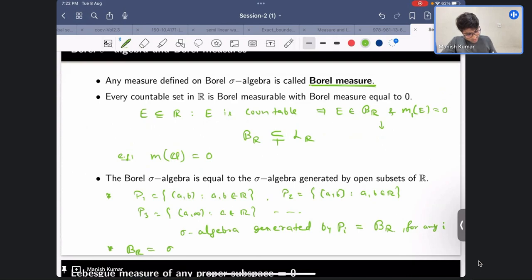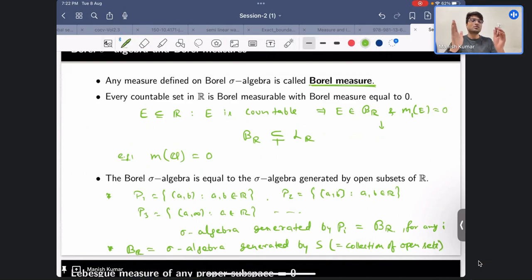So the Borel sigma algebra is also the sigma algebra generated by open sets, I mean generated by a collection of open sets. Suppose you have a collection of open sets which is called S. Let me write it this way: generated by S, where S is a collection of open sets.